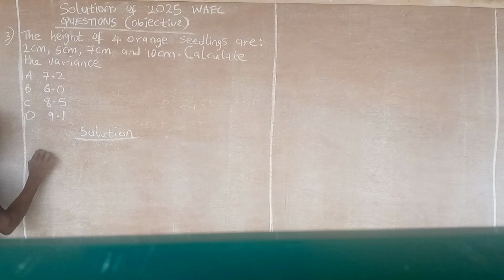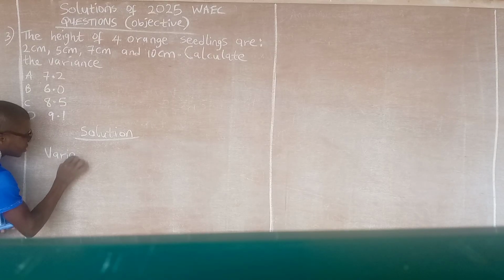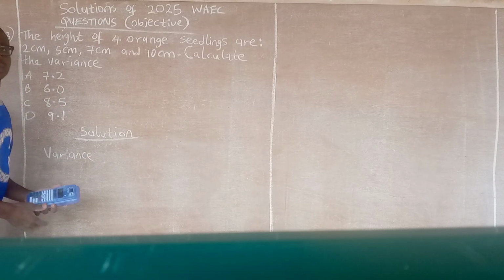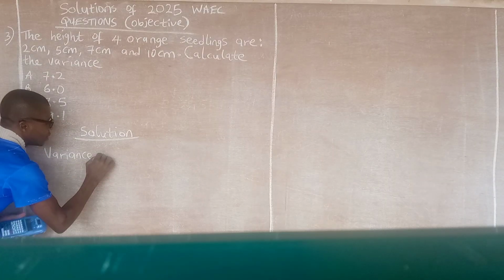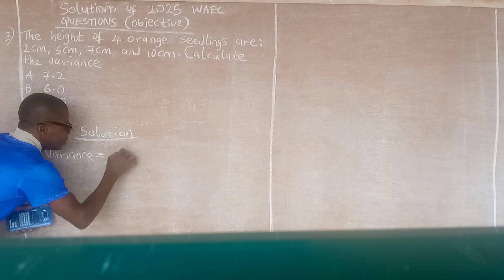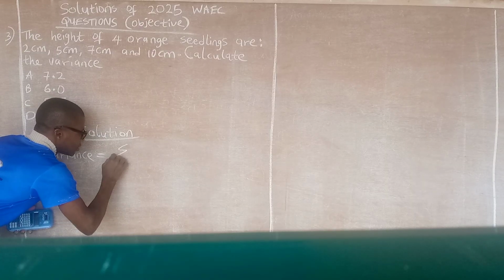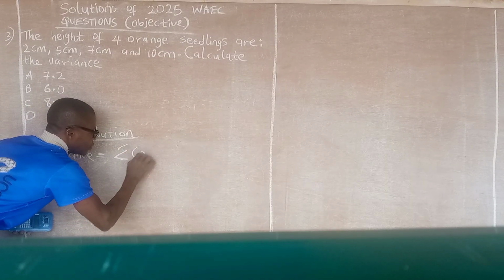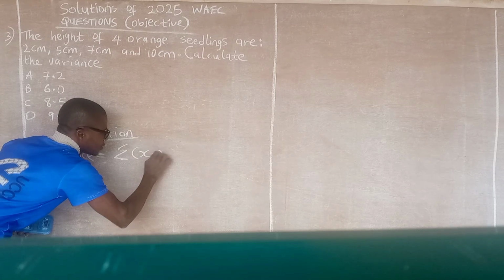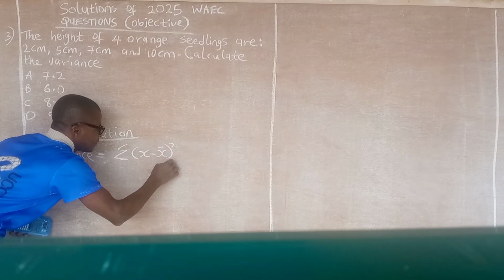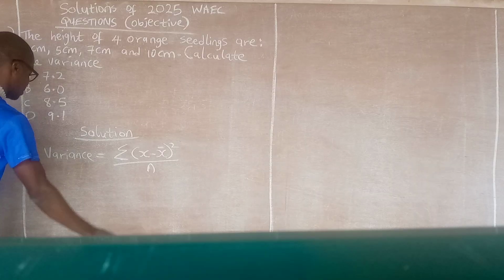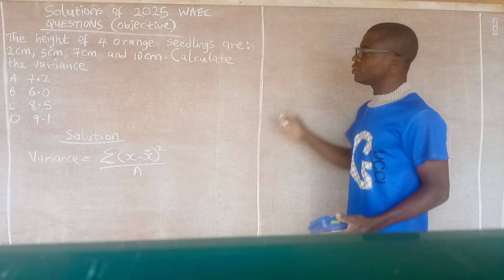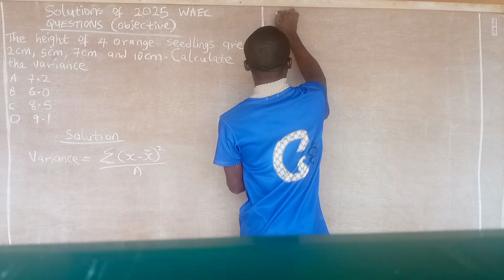So formula of variance for ungrouped data, because these are ungrouped data, is summation of x minus x bar squared all over n, where n is the number of data. So I draw a table.